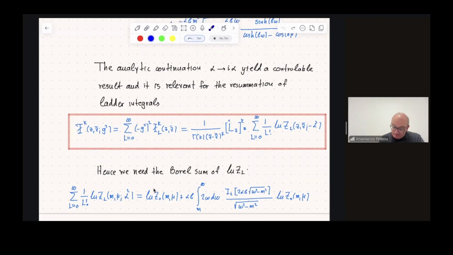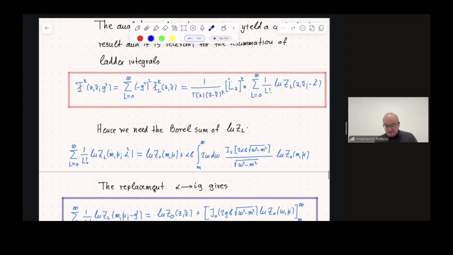And because the ladder integrals are related to the partition functions with this 1 over L factorial, what I need to do is to add the logarithm of the partition functions with 1 over L factorial, which is the Borel summation.